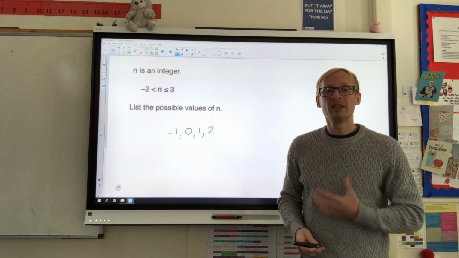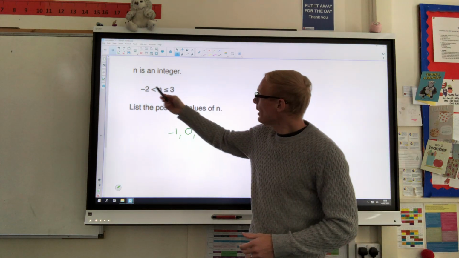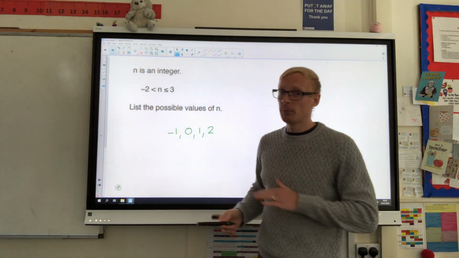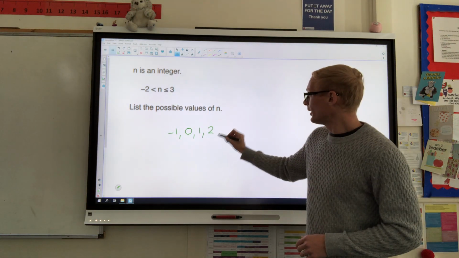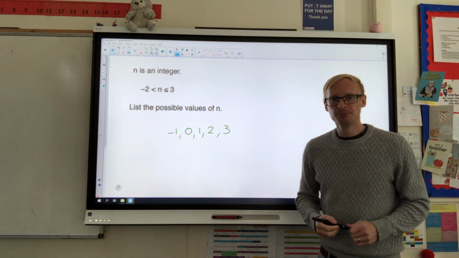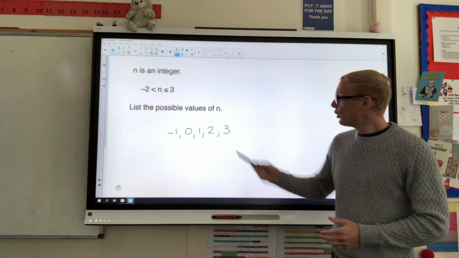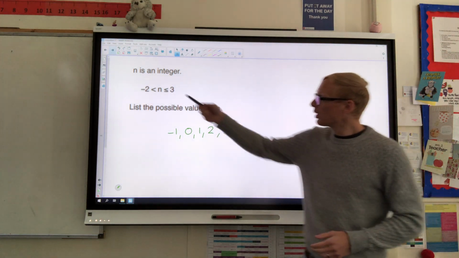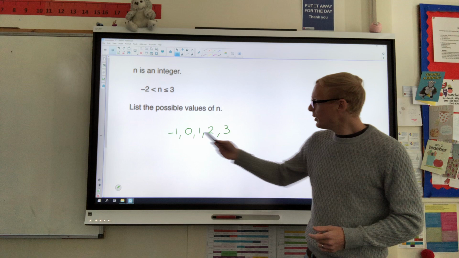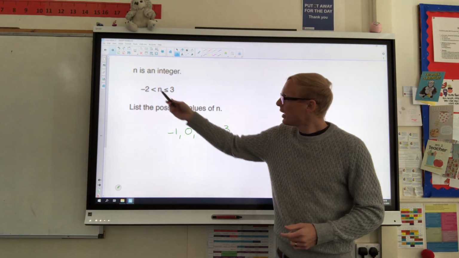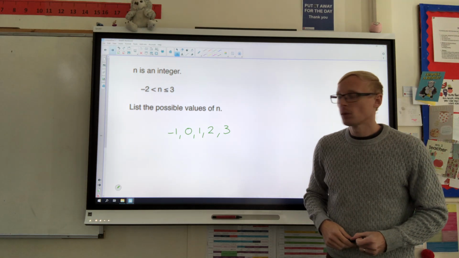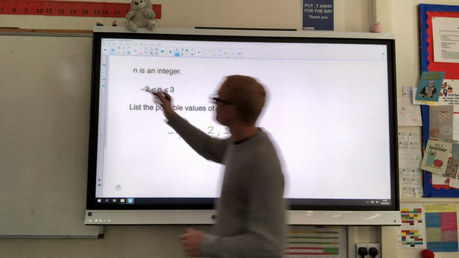We should be able to see from the symbols that n is greater than -2, okay, can't be equal to it, but n could be equal to 3. So I can include 3 in my answer. Okay, so that would be your answer. Those are the whole numbers which work for this inequality. All these numbers here are less than or equal to 3 and greater than -2. Okay, so copy that example down.